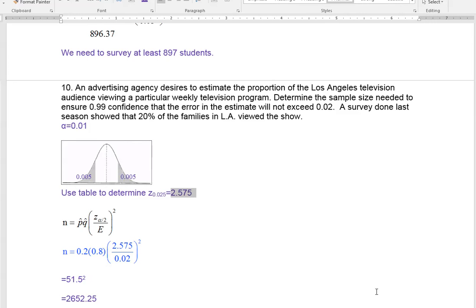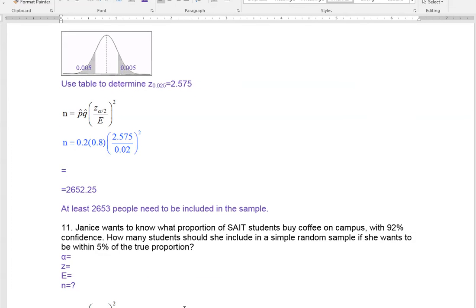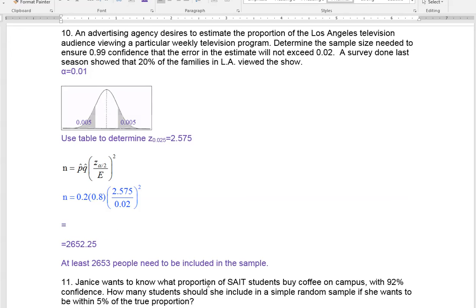Do get that correct final answer, but I'm not sure why I have 51.5 squared. That's the part that seems a little bit weird. So I'm just going to take out that step. So again, round that up, at least 2,653 people need to be included in the sample.